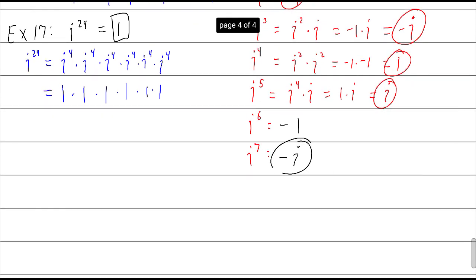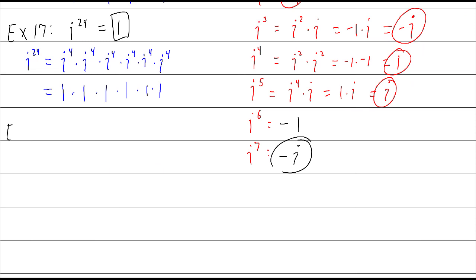Let's do another one. What about i to the 42nd power? Okay, well, let's divide 42 by 4. The closest I can get is like the 40 and i squared, right? Why did I pick 40?